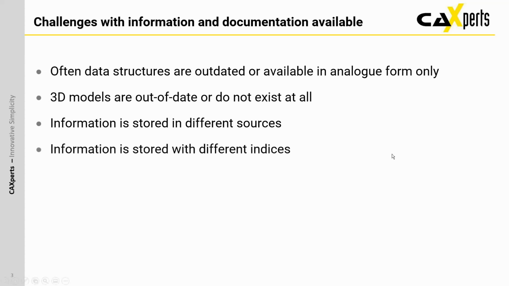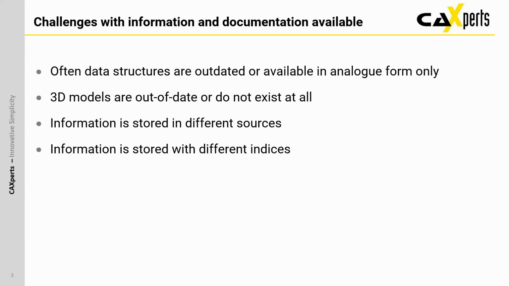Information is stored with different indices. That means that in application A, it might be stored by its index in that software, and in a different application, it might be stored with a name or a technical place or infrastructure name.